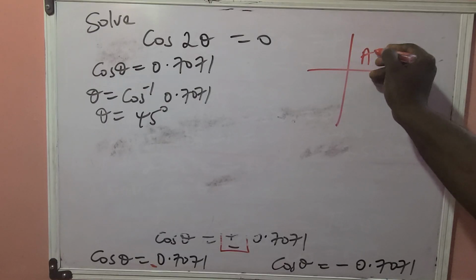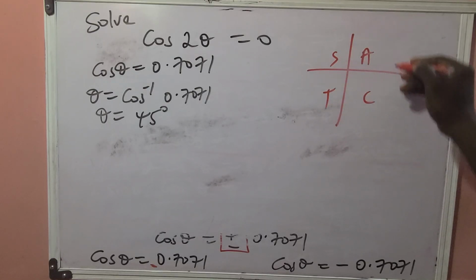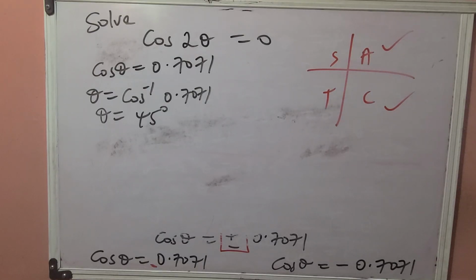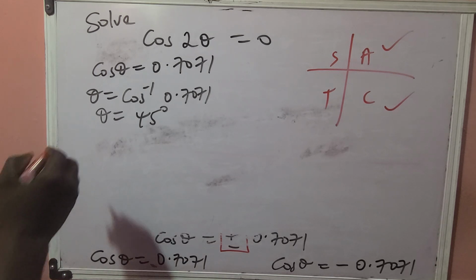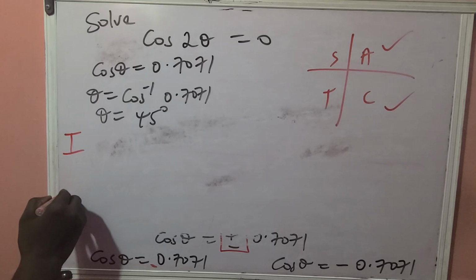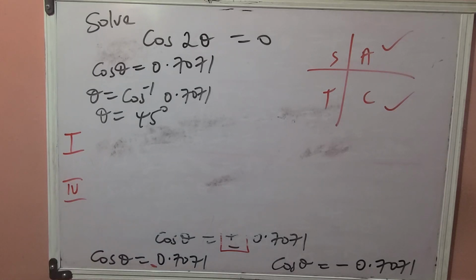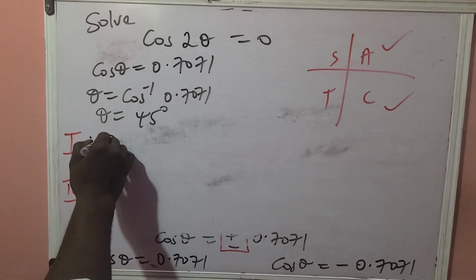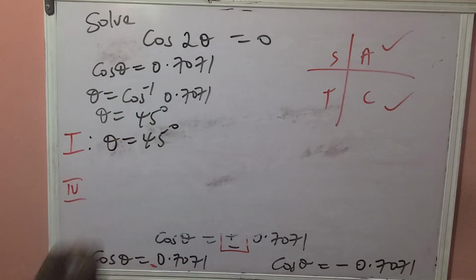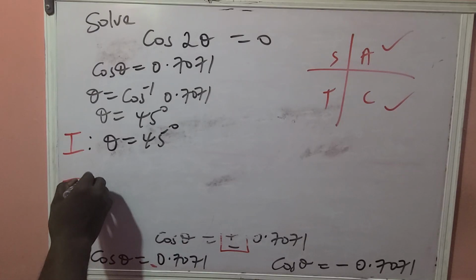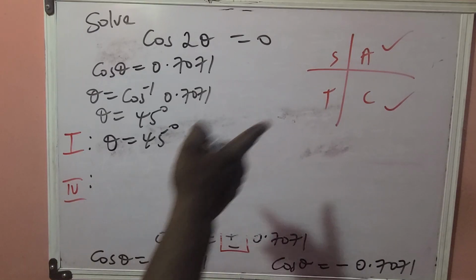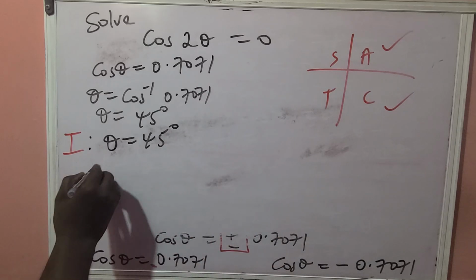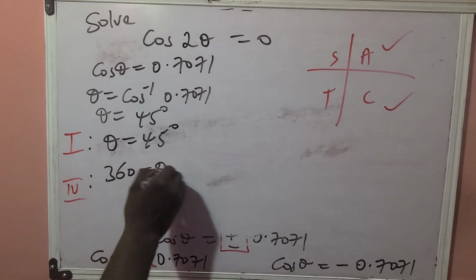So your cos is obviously positive in the first and the fourth quadrant. So for this particular side of things, you'll be dealing with the first quadrant and the fourth quadrant. And I told you already that when you are dealing with the first quadrant, all you have to do is replicate whatever you had before. So in this case, your theta will be 45 degrees. But for your fourth quadrant, the rule that functions inside the fourth quadrant is 360 minus theta.